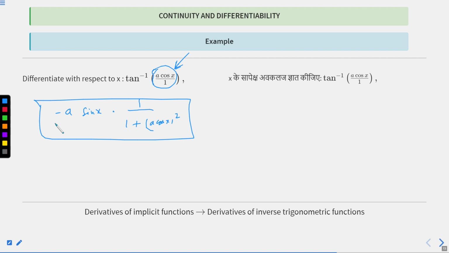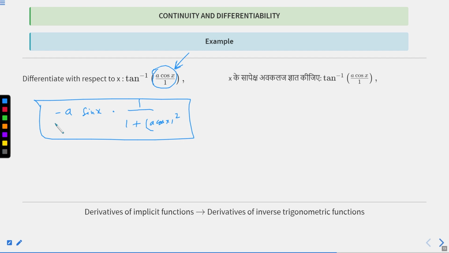So what we used is the tan inverse x derivative, which is 1 by 1 plus x square. Now here x will be replaced by the whole term inside the tan inverse function, a cos x divided by 1. So this will become 1 by 1 plus a cos x divided by 1, whole square. That's it. And the inside term derivative will be what?